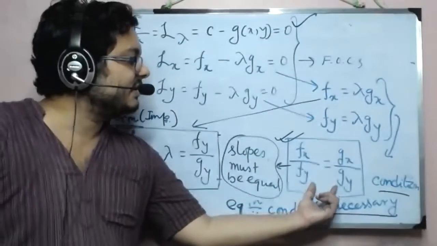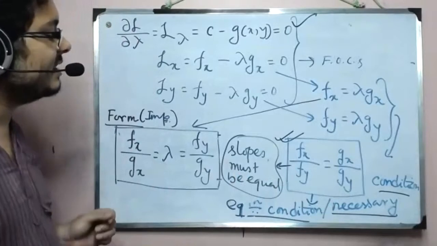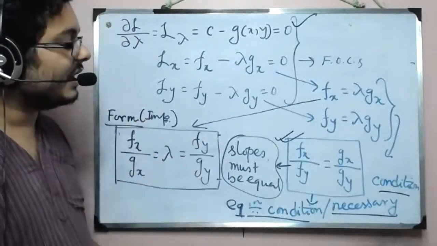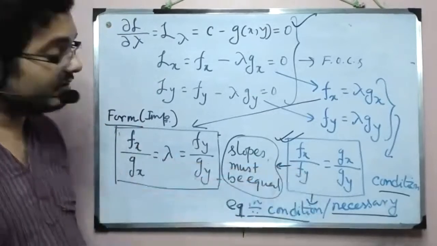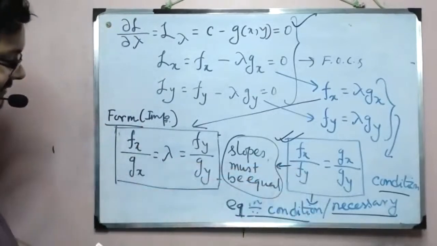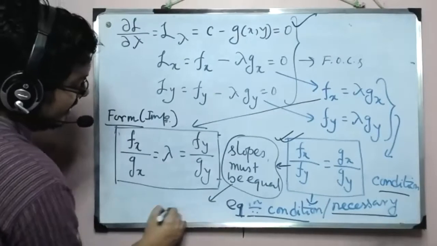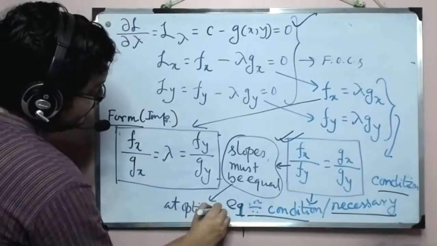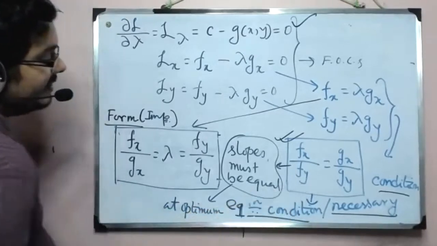This equality says the slopes must be equal. Of whom? Of z and of our constraint. But where? At optimum, right? Because this is my equilibrium condition.